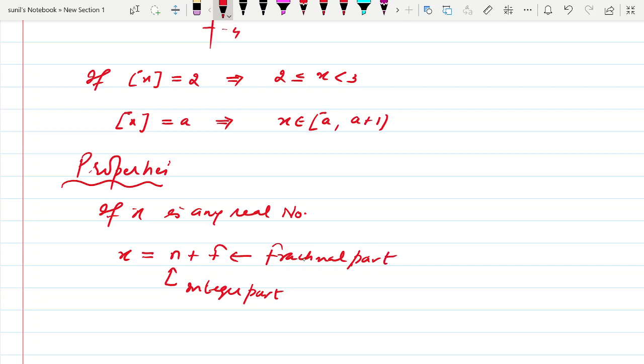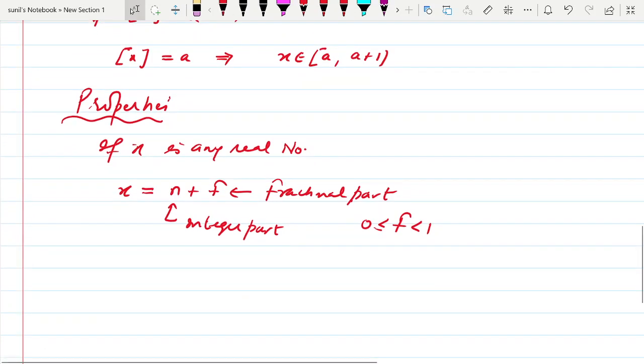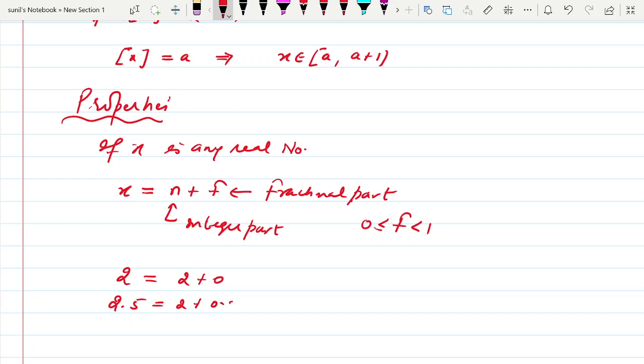Now you know that this fractional part is always greater than or equal to 0 and less than 1. Suppose my number is 2, so I can write 2 plus 0. If my number is 2.5, I can write 2 plus 0.5. So every number can be expressed this way.